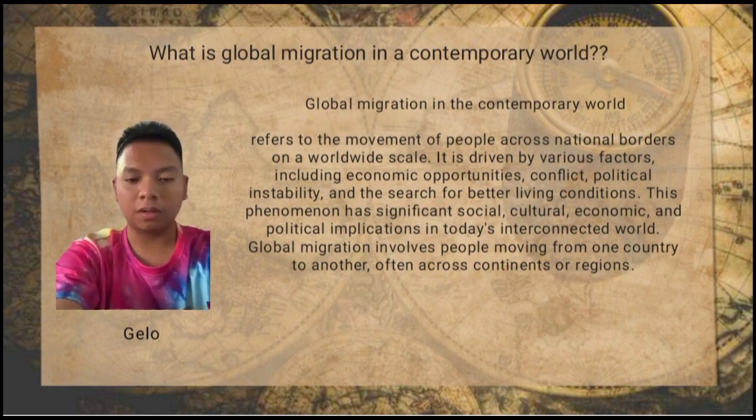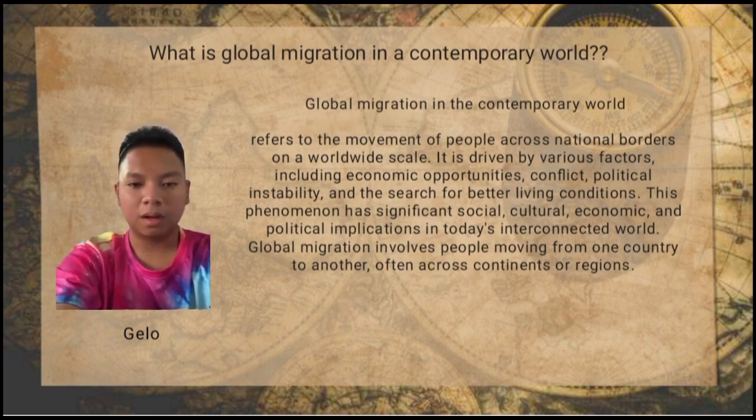Global migration involves people moving from one country to another, often across continents or regions, for various reasons. Here's an explanation and example of it. In economic opportunities, many individuals and families migrate to countries with stronger economies in search of better job prospects, higher incomes, and improved living standards.